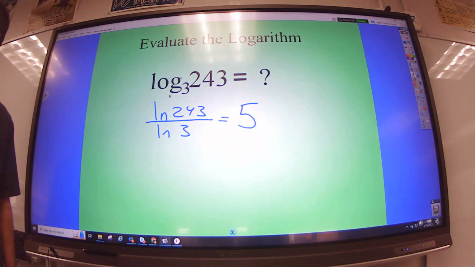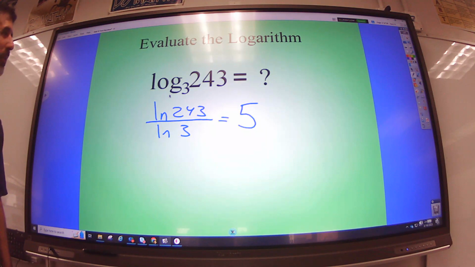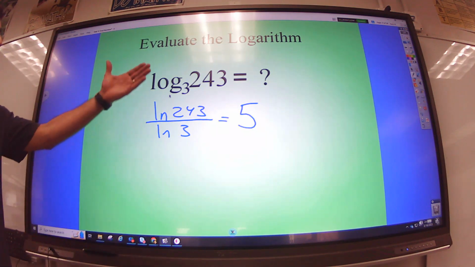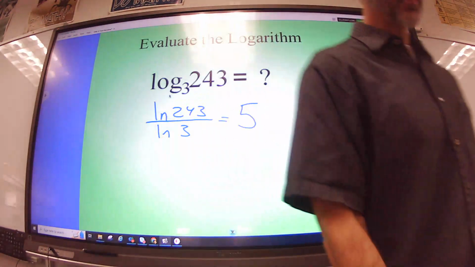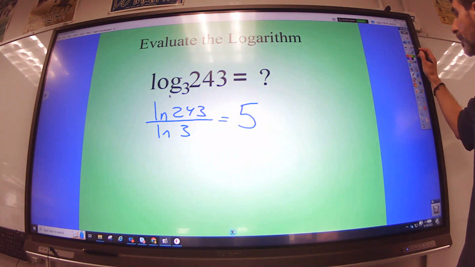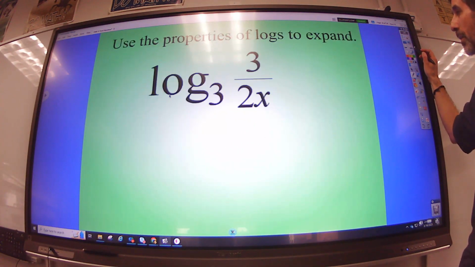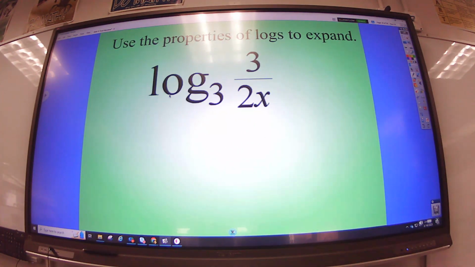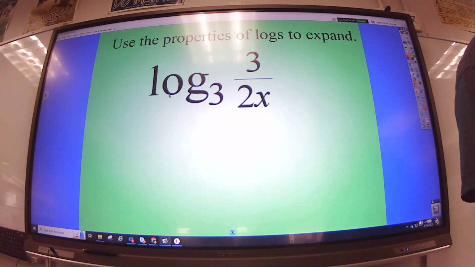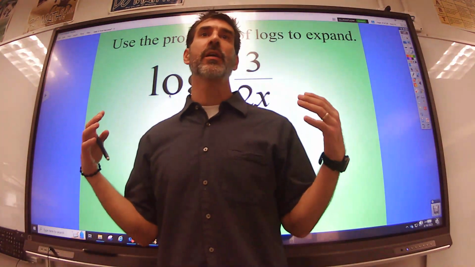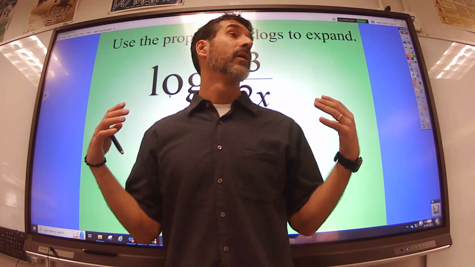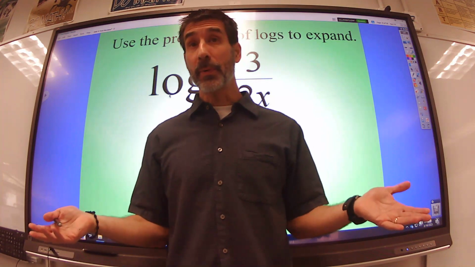Okay, use the properties of logarithms to expand. Remember, we have the product property, the quotient property, and the power property, right? So you're going to use those. The product property is multiplication.